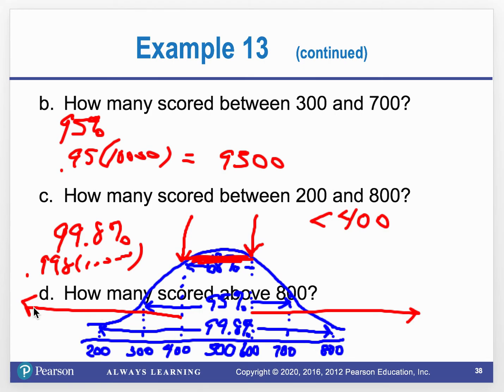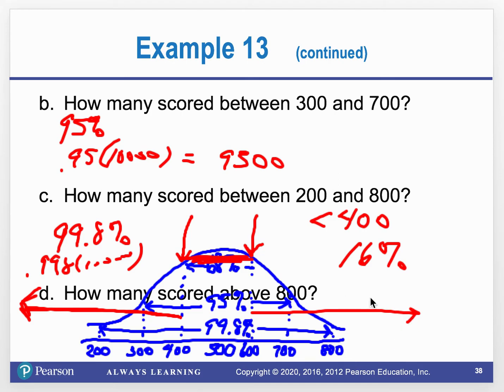So if this part and that part together is 32%, because it's symmetrical, it's the same on both sides, this half over here is 16%. So 16% of the students, so 0.16 times 10,000, scored less than 400.